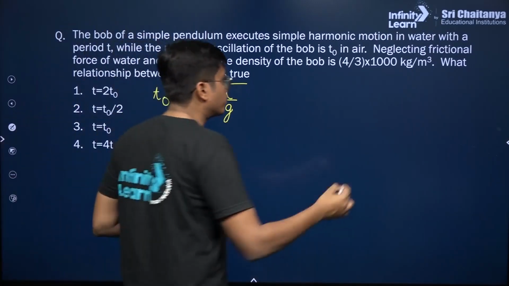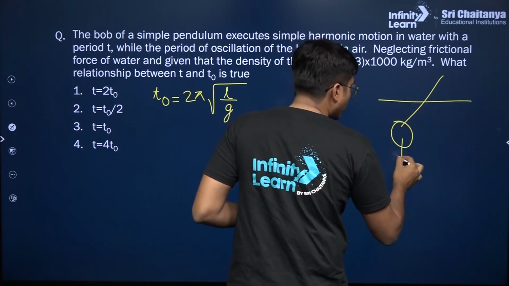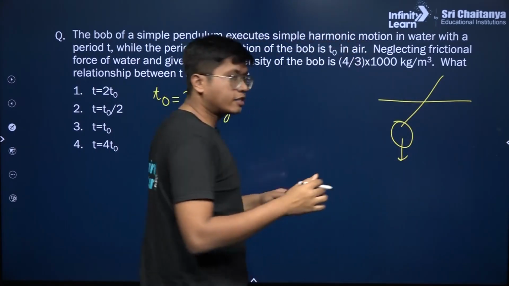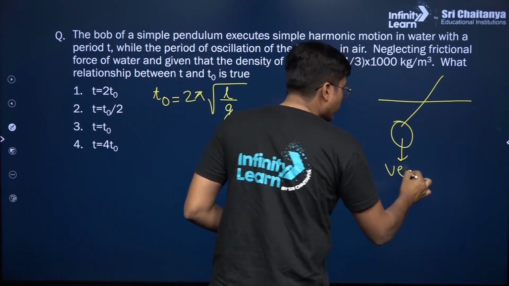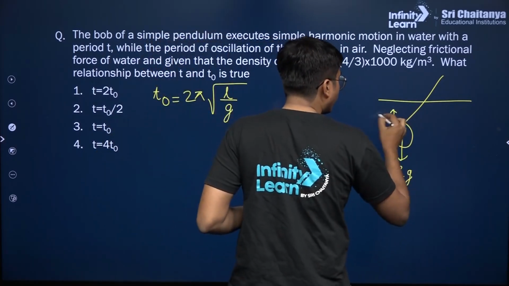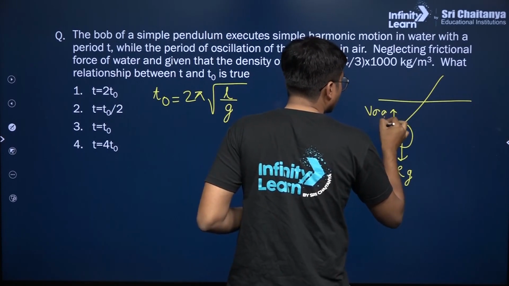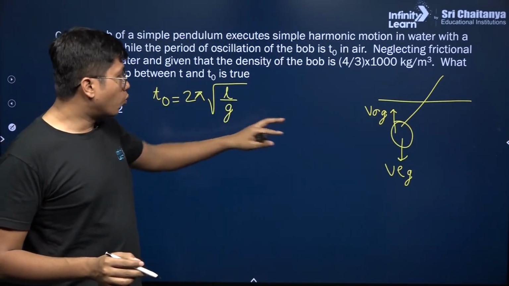How does that happen? Suppose this is the bob in water. Normally downwards, instead of writing it as mg, we write it as V rho g. Rho is the density of the material, V rho is the mass. And up top, you're going to have the buoyant force of V sigma g, where sigma is the density of water or whatever liquid there is. So what is the net force?